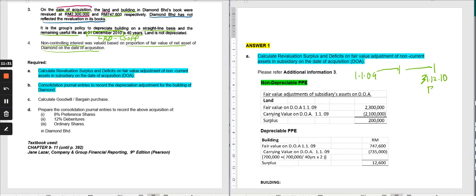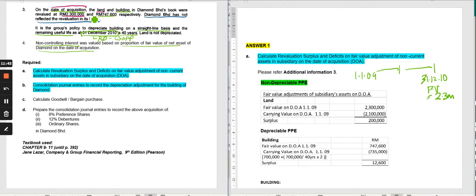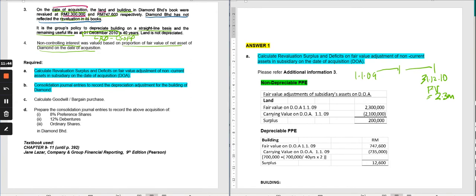So you are given the fair value of land on this date, and that was 2.3 million. So you should know that the fair value here is also the same. Why is it the same? Because there is no depreciation. So if that is the case, it's easy.